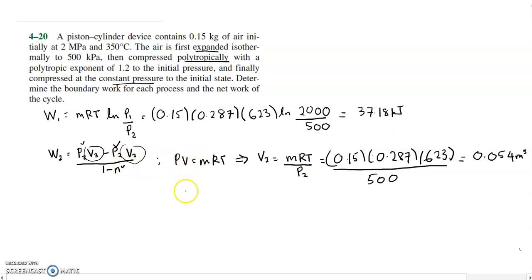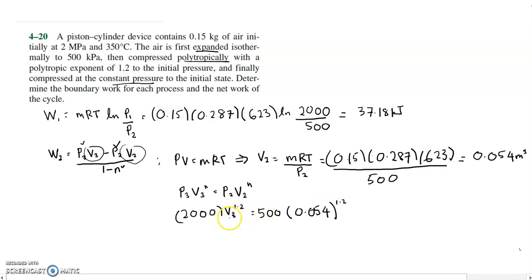Okay, next for V3, since it's polytropic, you have to use the relationship P3 V3^n equals P2 V2^n. Your P3 is 2000, V3 to the power of 1.2 equals P2, 500, times 0.054 to the power of 1.2.